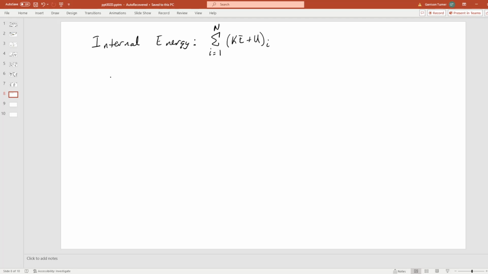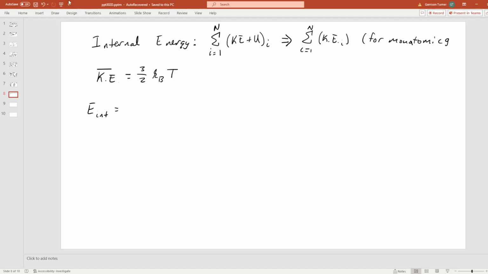If the kinetic energy of a single atom on average is equal to 3/2 k_B T, then the total internal energy of the system, if there's only translational kinetic energy, okay?